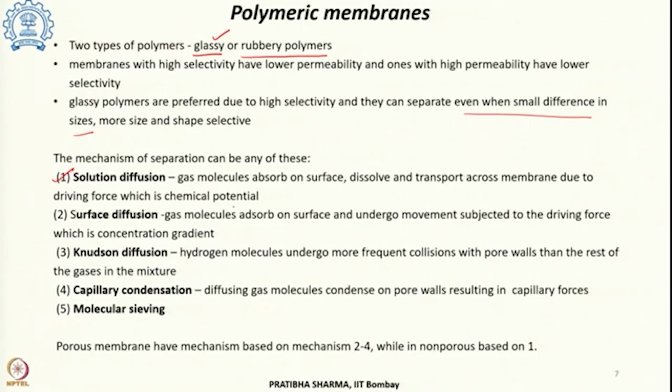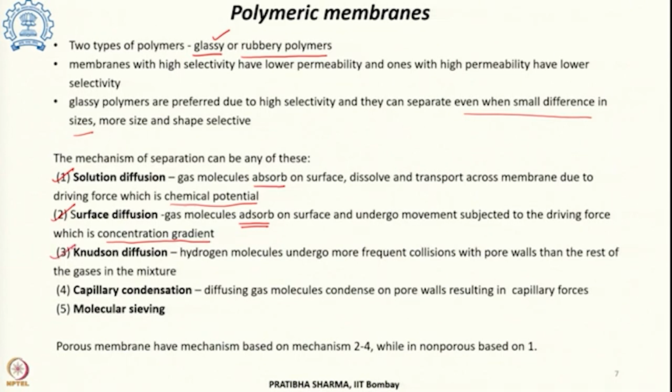In solution diffusion, the gas molecules absorb onto the surface, dissolve and transport through the membrane due to the driving force, which is the chemical potential. The other method is surface diffusion, in which gas molecules adsorb on the surface and again move across the membrane, driven by the concentration gradient on the surface.